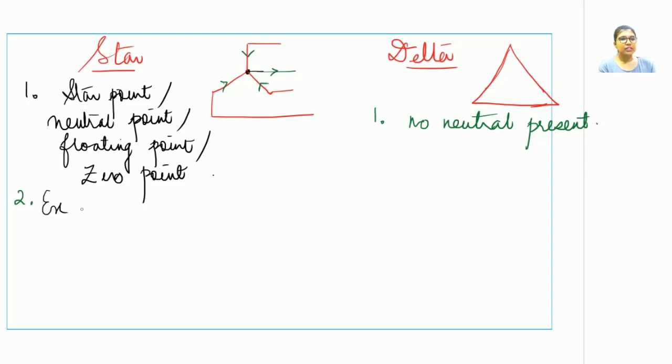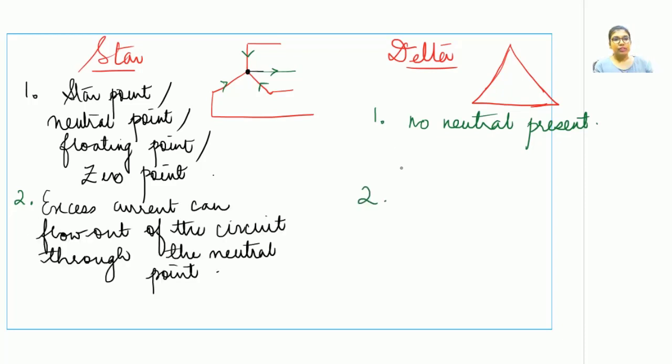So one can write that the excess current can flow out of the circuit through the neutral point. As there is no neutral point present in delta, what happens if an unbalance is created due to the currents? There is no way the excess current can flow out of the circuit. Eventually, for a delta connection, it leads to the generation of harmonics.